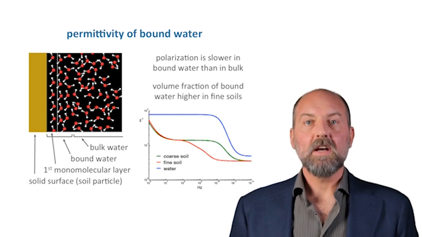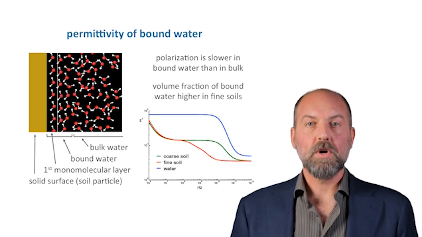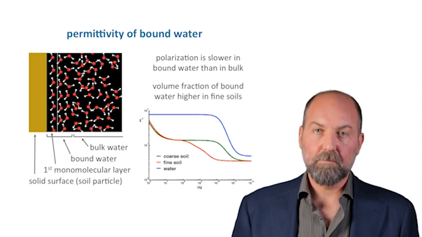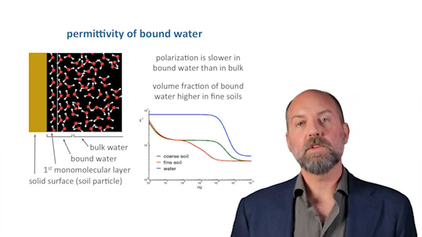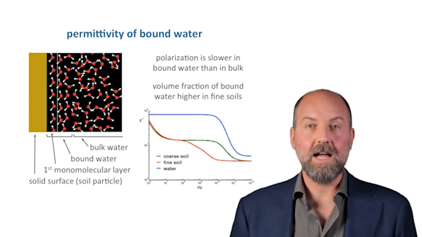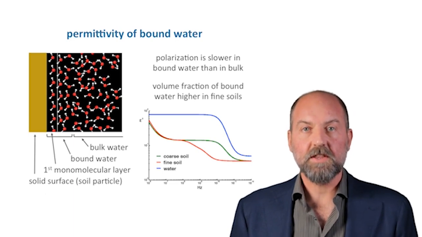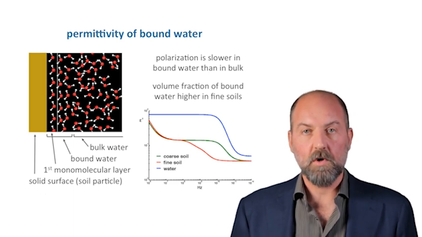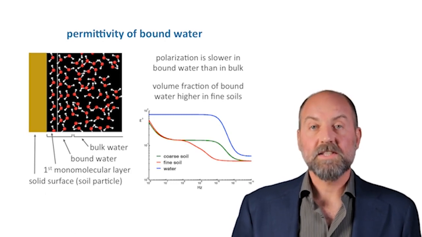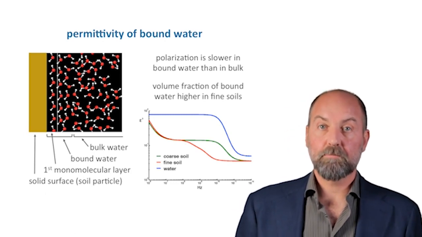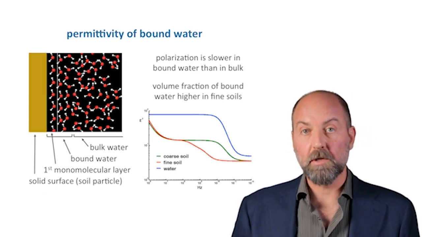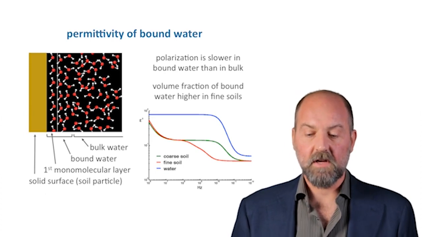Now, it is rather intuitive to expect the polarization phenomena in the bound water to be slower than those that occur in bulk water. And this is due to this additional constraint that is represented by the surface. Water molecules are not as free to move as they are in bulk water, and therefore whatever the polarization mechanism, it will probably be slowed down by the presence of the surface.